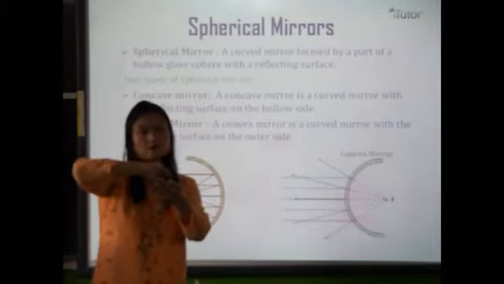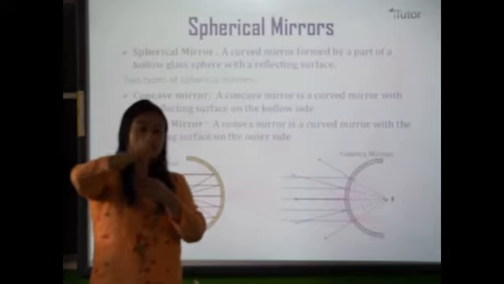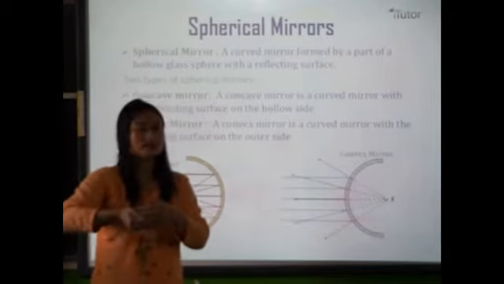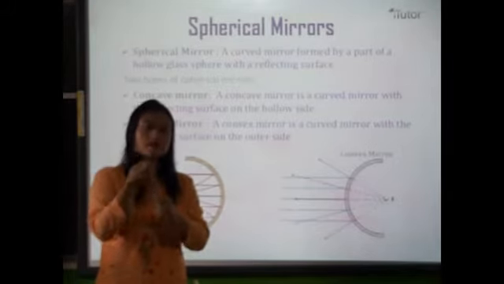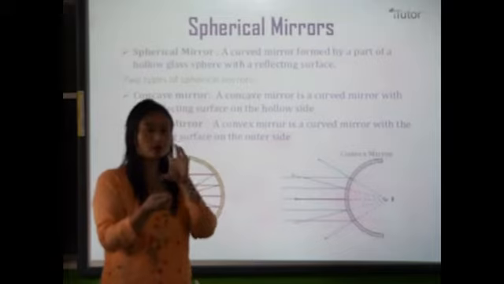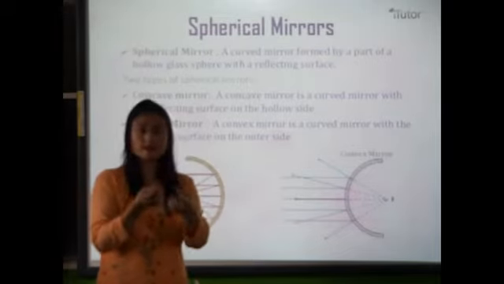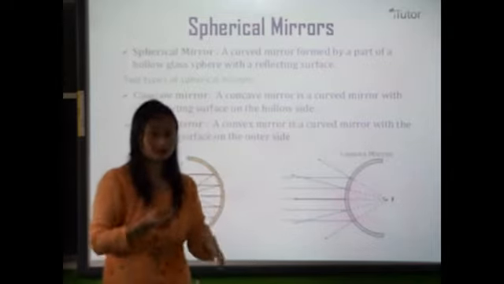You've seen the curved part, isn't it? The outside part acts as a convex mirror. The inside part acts as a concave mirror. You can check it for yourself also. Look at the spoon yourself and you will see that the images formed in concave will be inside, and the images for convex will be outside.